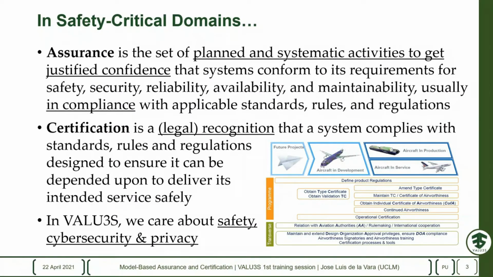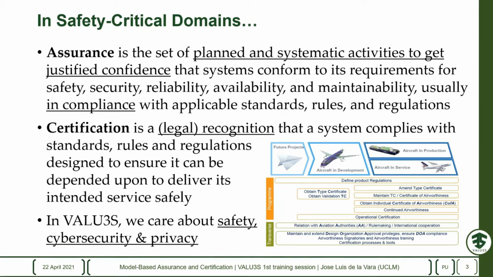As I have said, in this work we do not only deal with safety, even though this method was initially defined for safety-critical systems. It can now also be applied to other dependability concerns, such as cybersecurity and privacy.